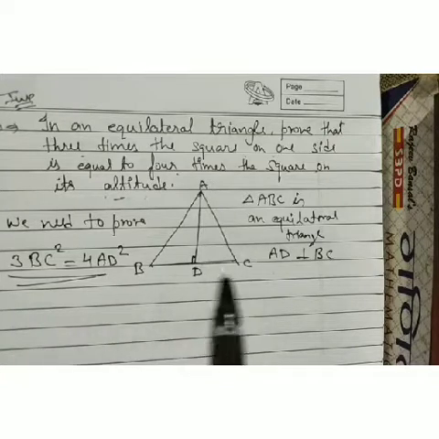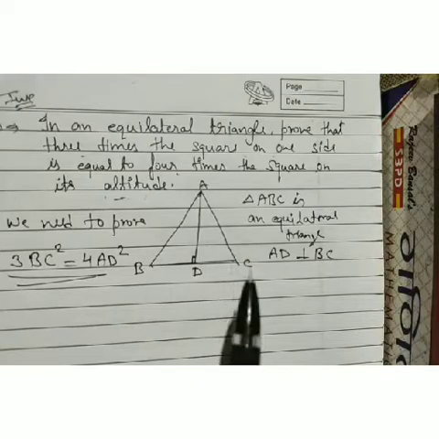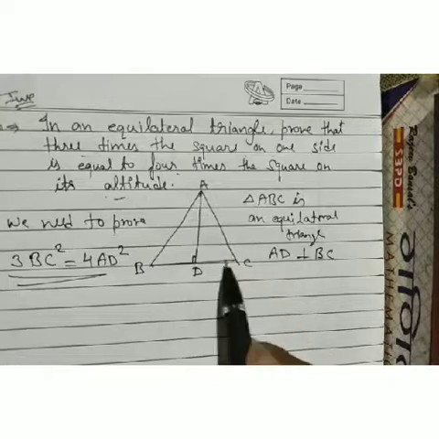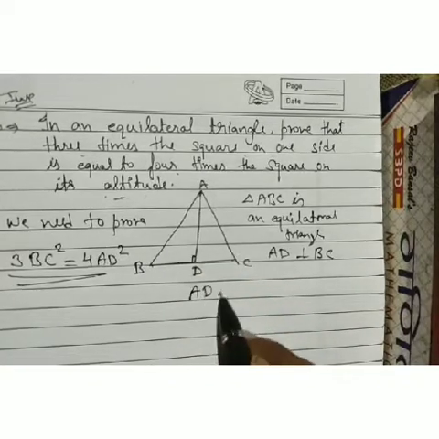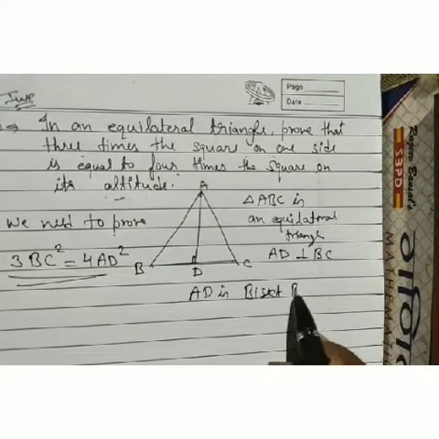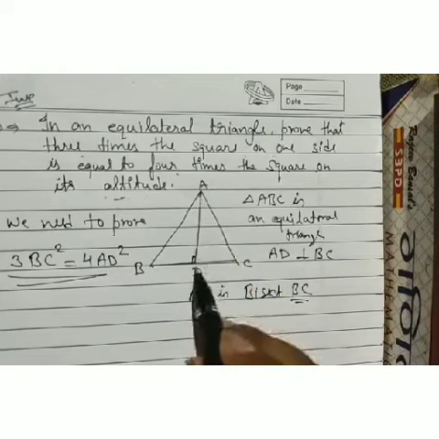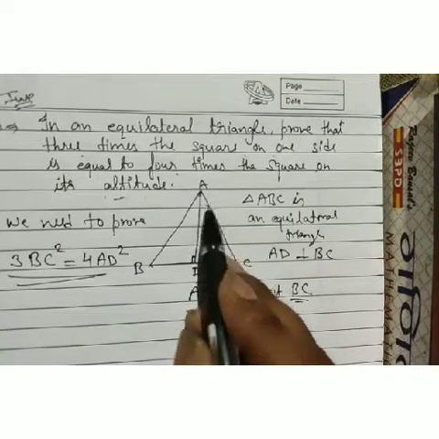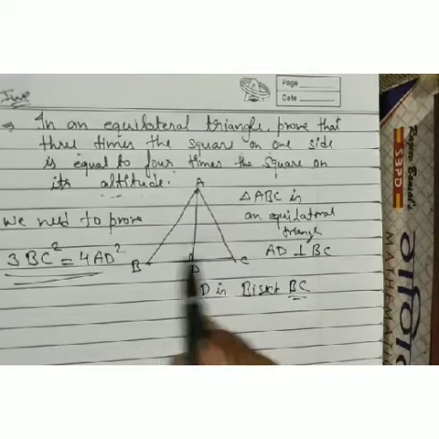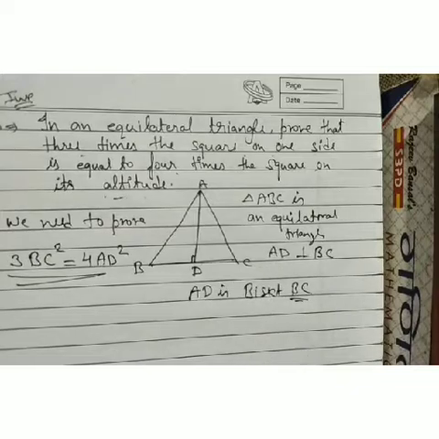Now we have ABC, an equilateral triangle, and AD is the altitude. Since this is an equilateral triangle, AD bisects BC. Remember that in an equilateral triangle, the altitude behaves like the median and divides the whole triangle into congruent triangles. So D is the midpoint of BC.